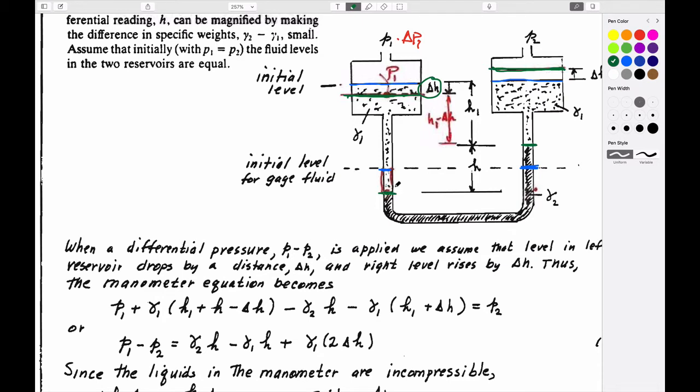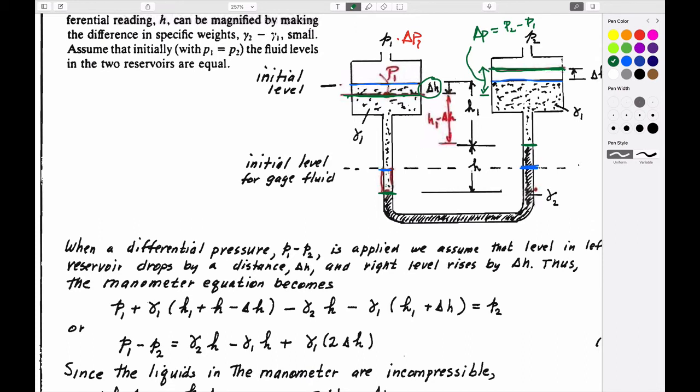And basically the idea is that this small fluid pressure will result in a small change in elevations of these two, which are defined by the magnitude of this pressure change. So actually this pressure change, delta P, which is equal to P2 minus P1, defines this height, as we've seen.